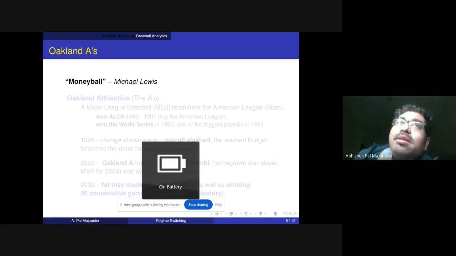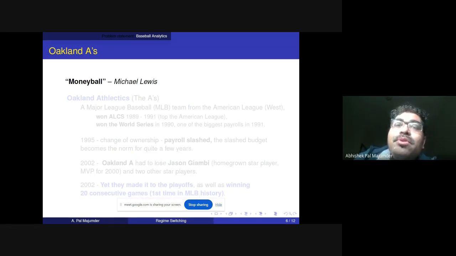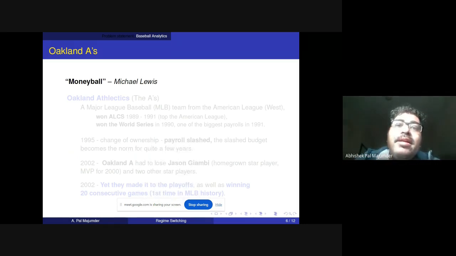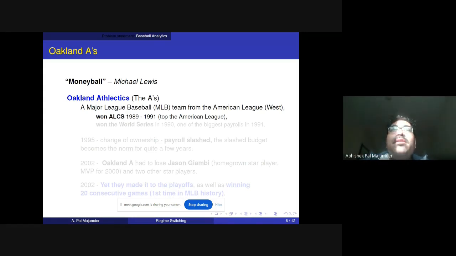This problem actually came from the famous book written by Michael Lewis, Moneyball, and there is a movie also that goes by the same name. It talks about a particular baseball club. Baseball is a really big thing in the United States. It generates lots of revenue, like basketball.